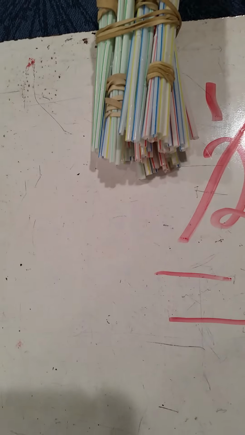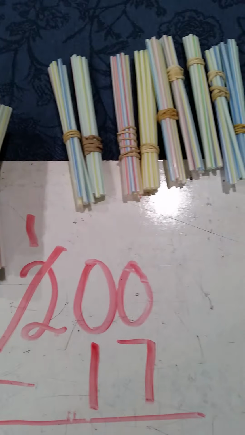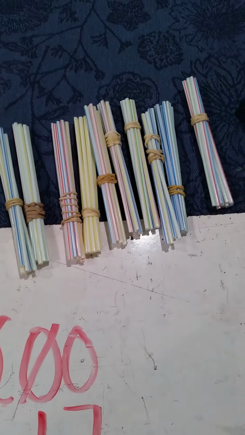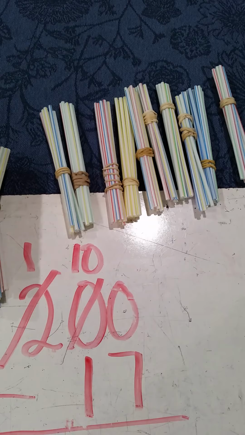Now, I take the rubber band off my group of 100. Now, 1, 2, 3, 4, 5, 6, 7, 8, 9, 10. I have 10 tens. So, instead of having 0 tens, I now have 10 tens.